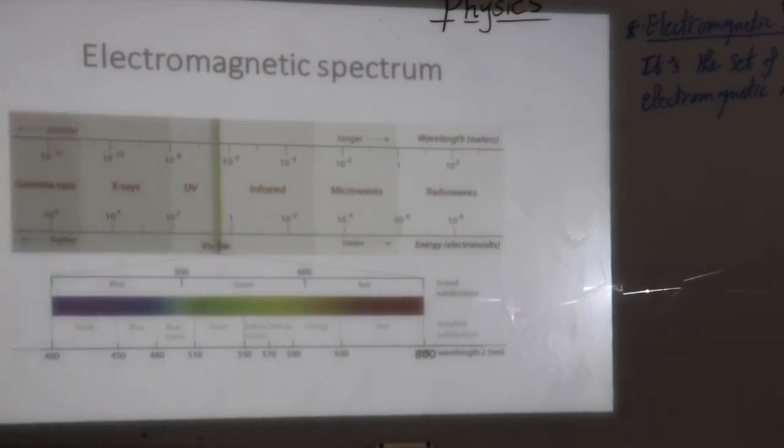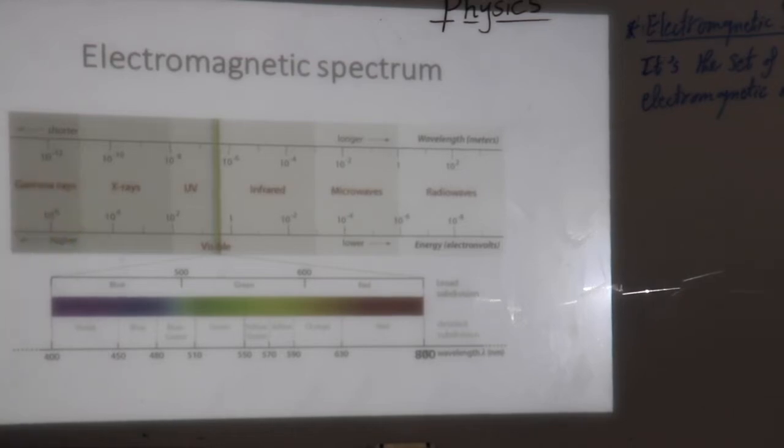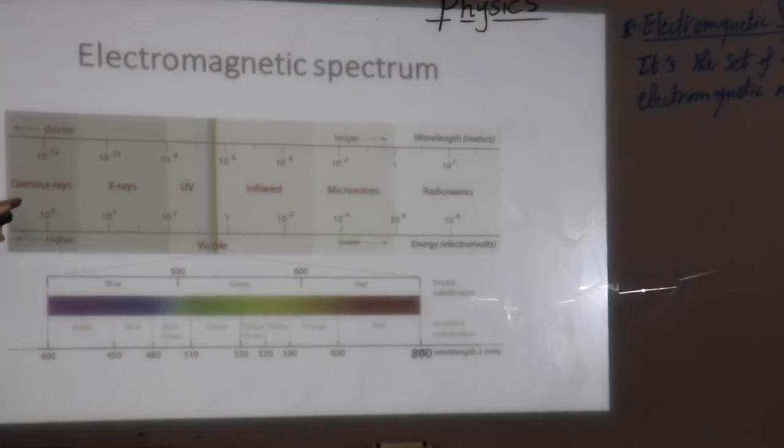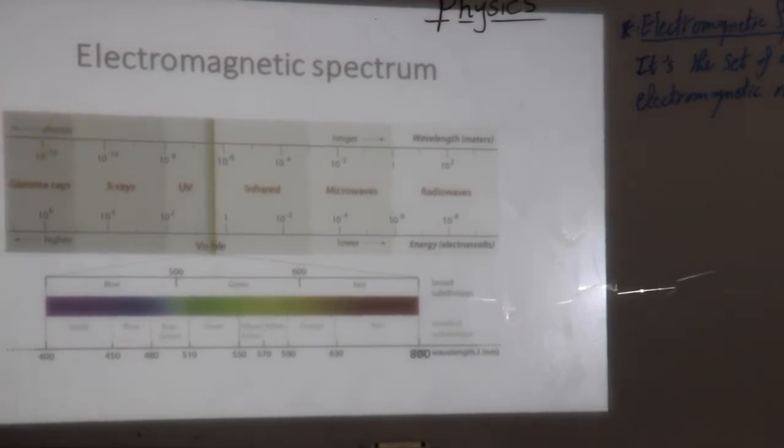If you look at the figure well, you notice that each kind of electromagnetic wave has a certain range. For example, gamma rays have minimum wavelengths and maximum wavelengths. All the electromagnetic radiations that are gamma rays lie between this range, and they are infinite.